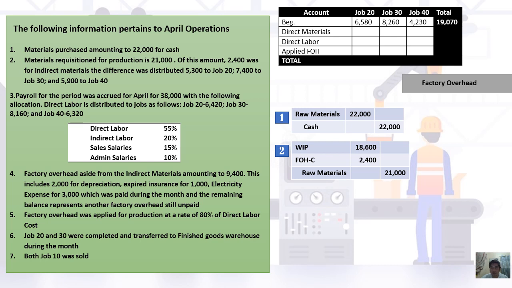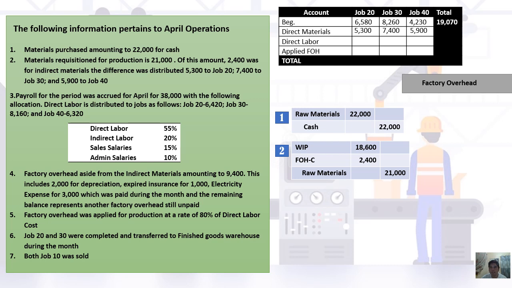Since we have a record of work in process, which is 18,600, we should also update our summary of the job cost sheet so we don't repeat later. The distribution was given in number 2, so let's lay it out. For job 20, 5,300 went there. For job 30, 7,400.